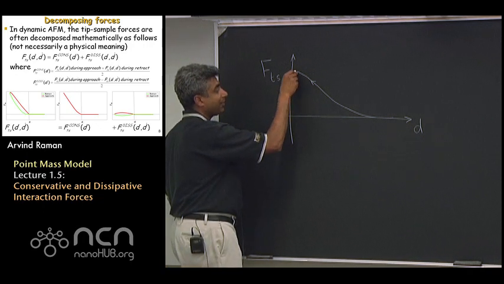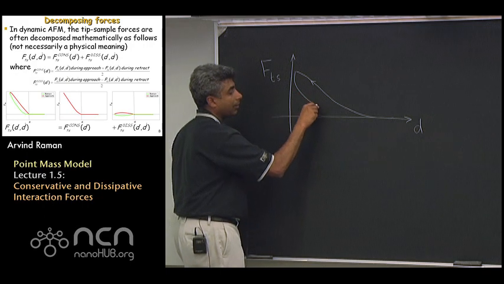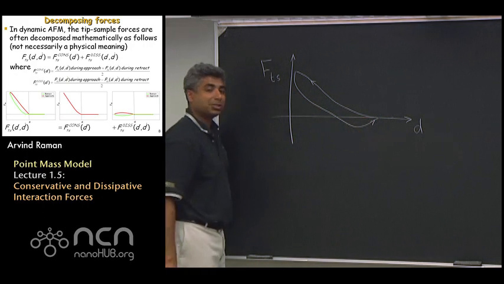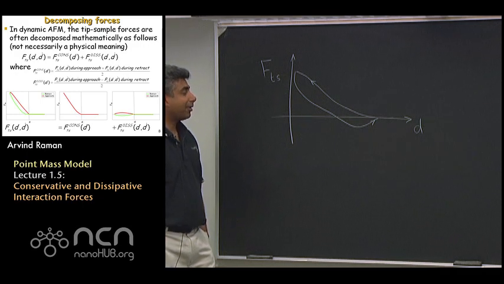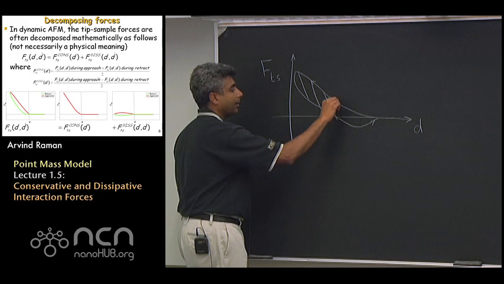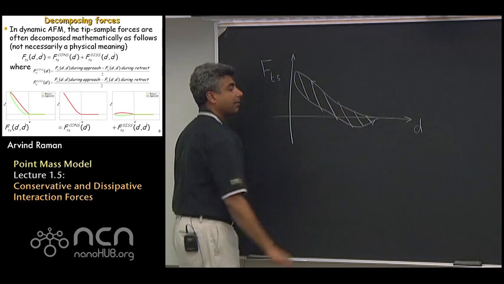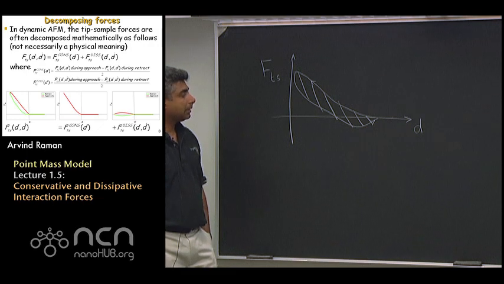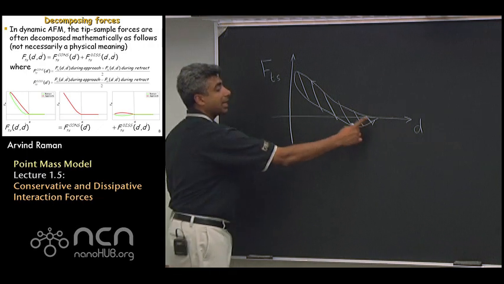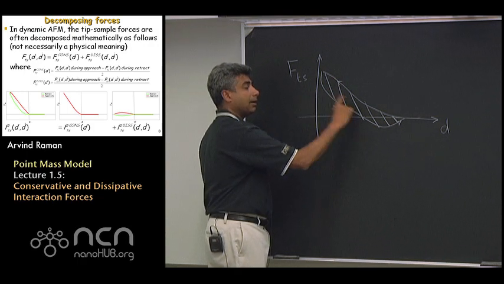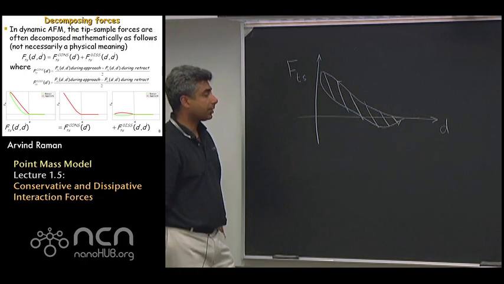When one moves away from the sample, one might retract from the sample along that direction. This area represents effectively the work done by the tip-sample interaction force on the tip motion. So that means in one cycle of oscillation, as the tip comes in and moves away from the sample, the net work done is no longer zero.